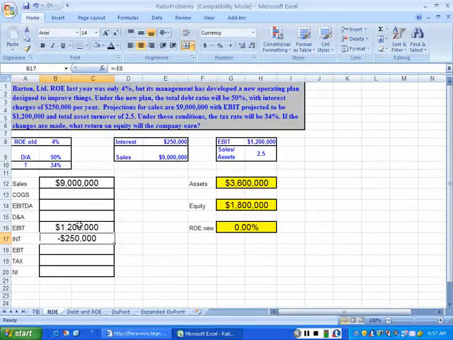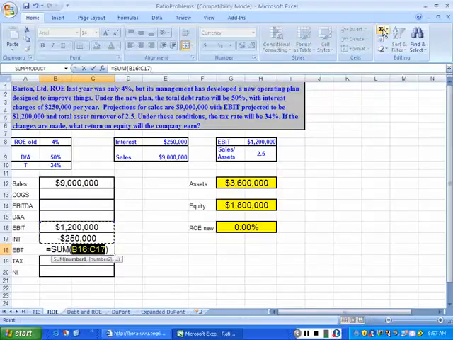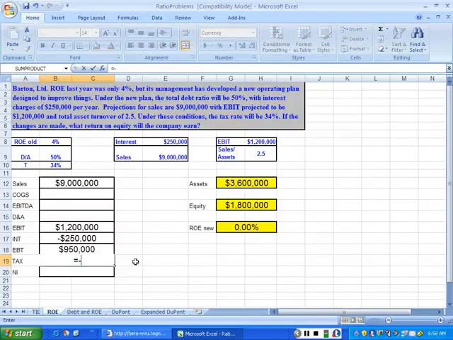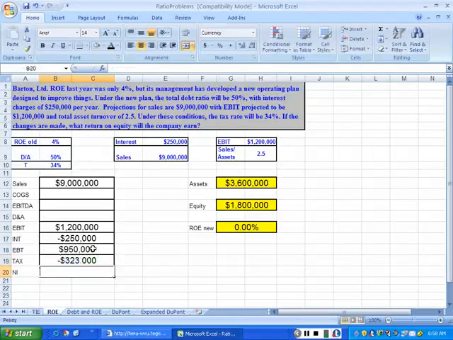So if I take my EBIT and subtract out the interest payments, in other words, put those two things together, I find that my earnings before taxes is $950,000. Now my tax burden is at a 34% rate, so I'm going to subtract out that 34% times my earnings before taxes of $950,000.